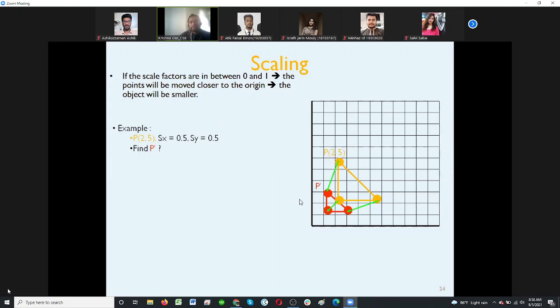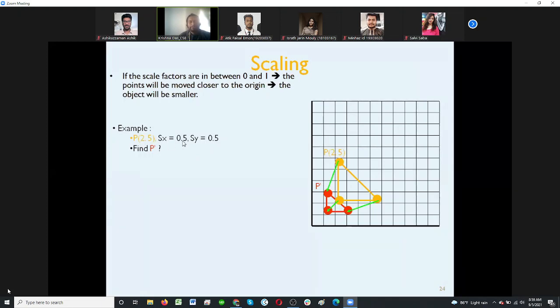Now with this example of the reduction, the scaling factors are 0.5 for x and 0.5 for y. So what will the new point location be? The old point is 2 and 5. If we apply 0.5 and 0.5, what is the value we get for the new point? If x prime is for P, then what should x prime be? S of x into x, right?